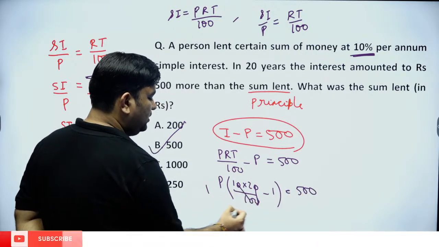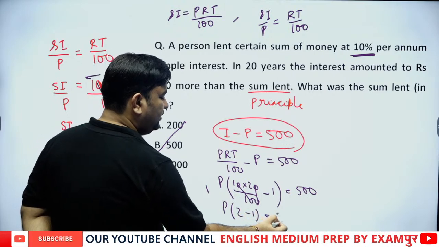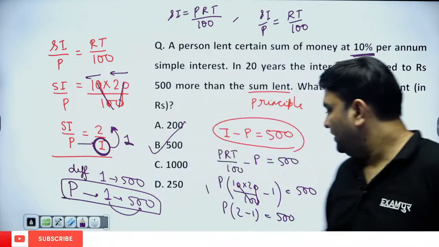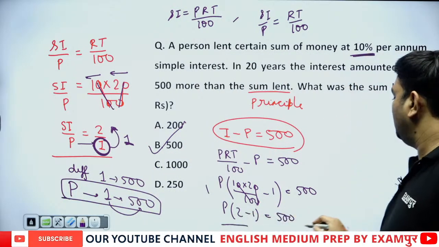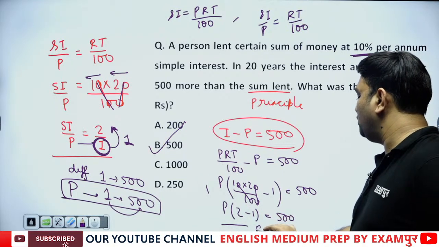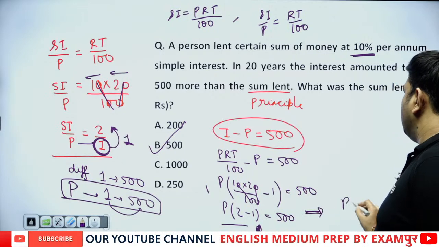P times (2 minus 1) is 500, and 2 minus 1 is 1. So P is equal to 500.